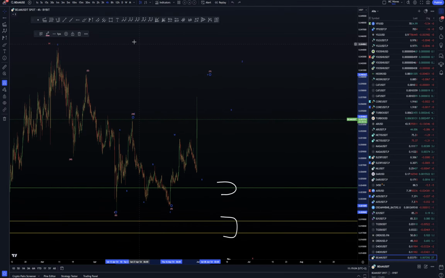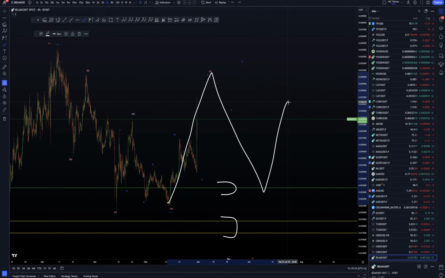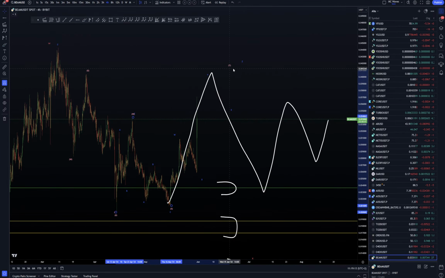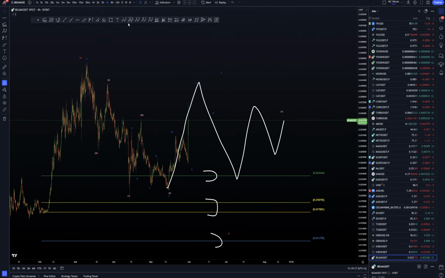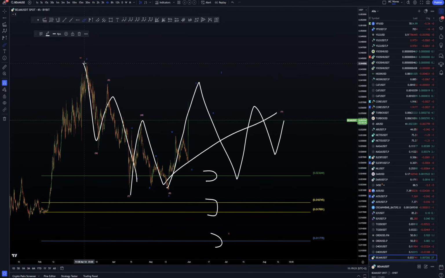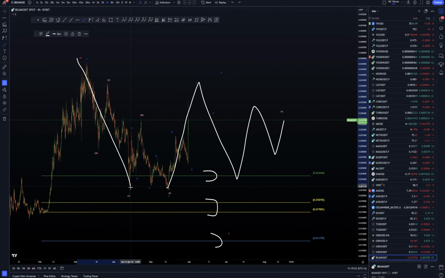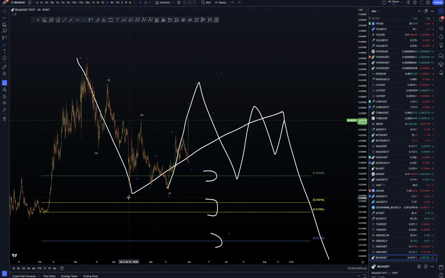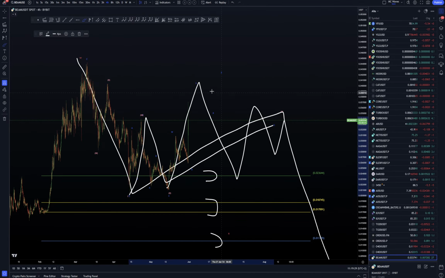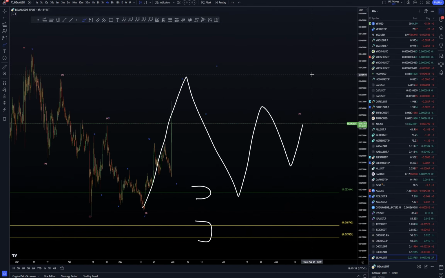If we do a simple WXY like this, and for example we start retracing like that, next we can also look for an A, B, C, D, E triangle. Sorry, WXY in that case done like that, and so we have in that case a triple wave, and that brings us to a bigger WXY. It will not be a triangle in the X, because that would be a WXY with a triangle. Well, all of this is possible.